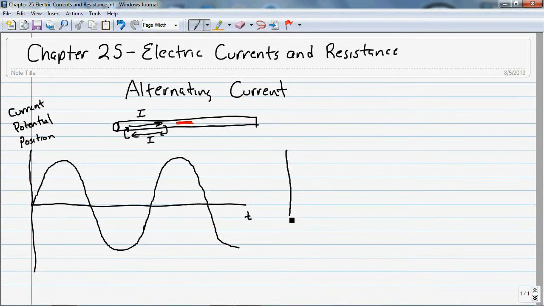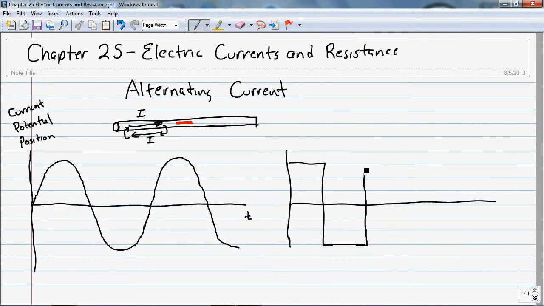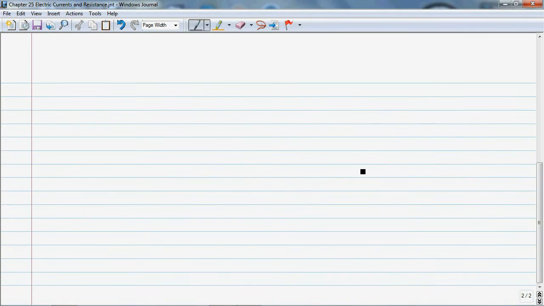Another possible way of doing it is you could send out a square wave. That would be considered an alternating current. You could do a triangle wave.